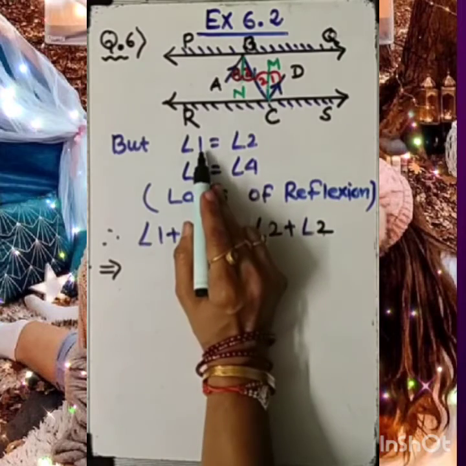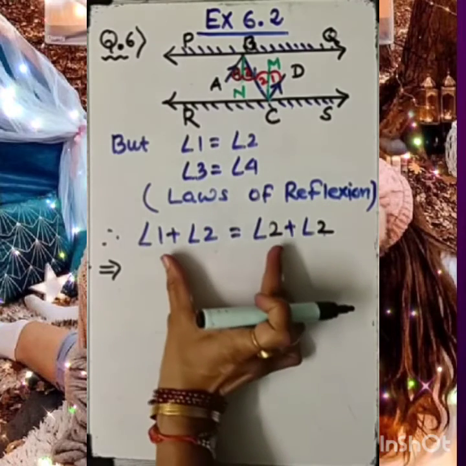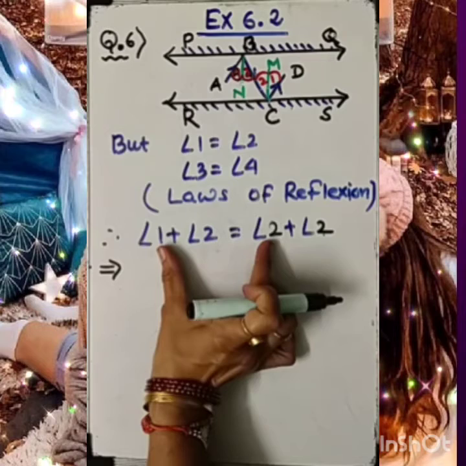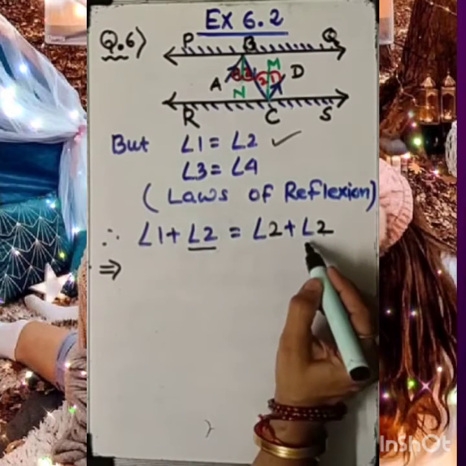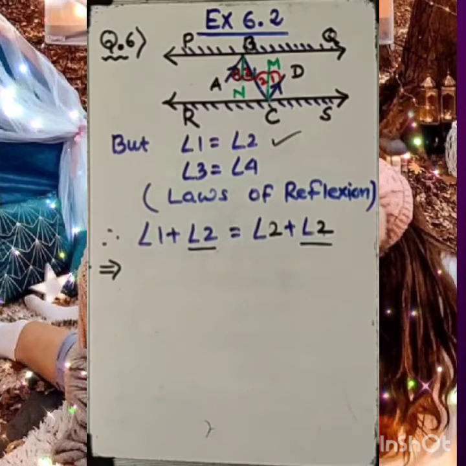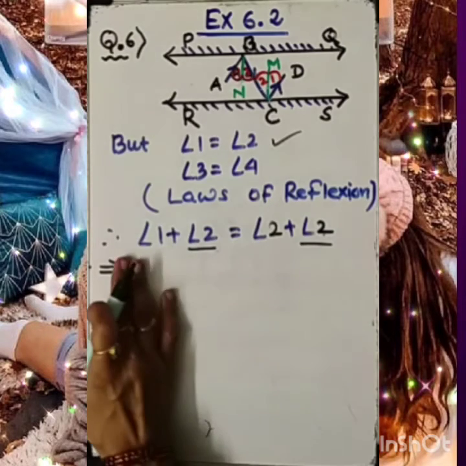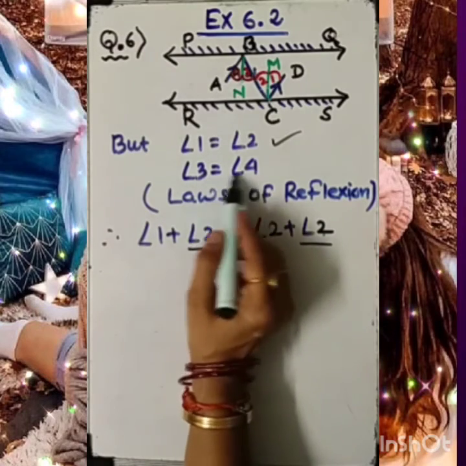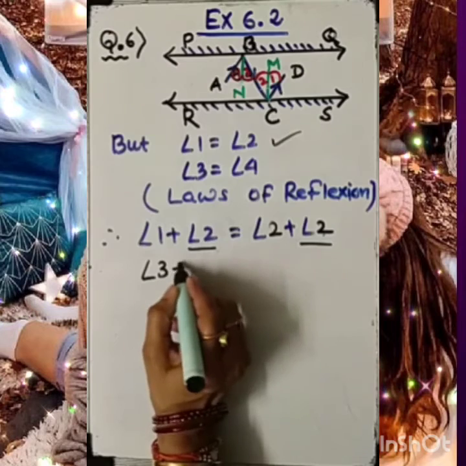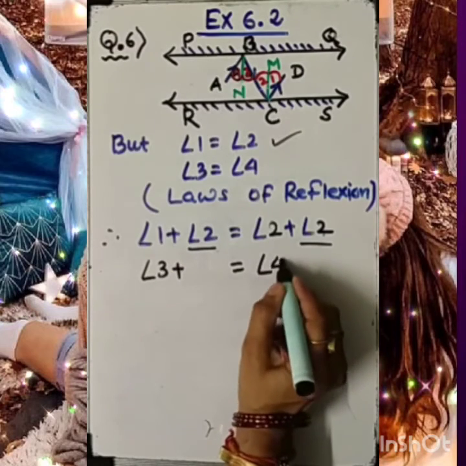Once again I am explaining, angle 1 equal to angle 2. This is equal already through this result. I am adding angle 2 to both the sides. So in the next step, one more result with us: angle 3 and angle 4.